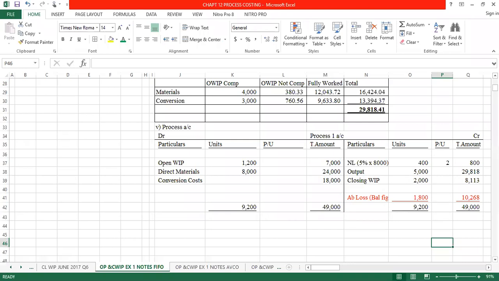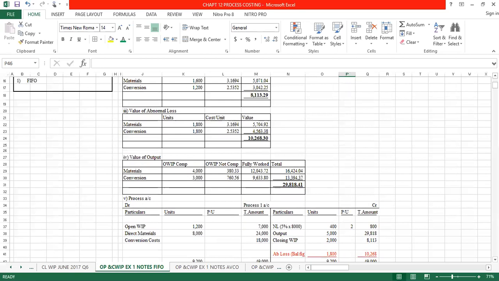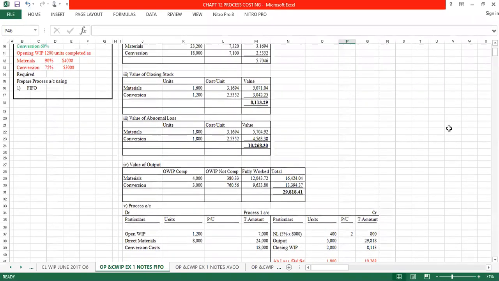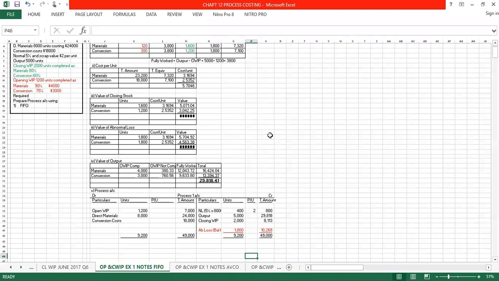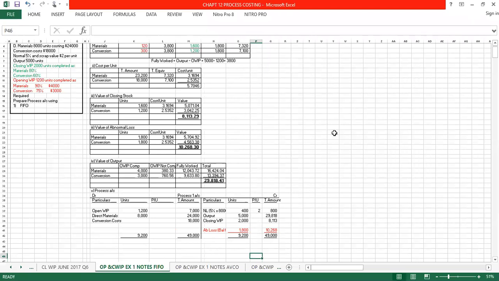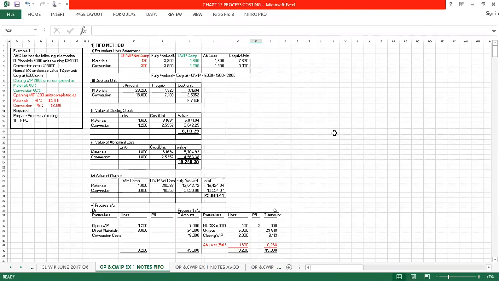Or I can even reduce the size so that you can see as much as possible. I'm just doing that so that you can see everything on the screen. But I understand they are smaller. But if you can see, the better.